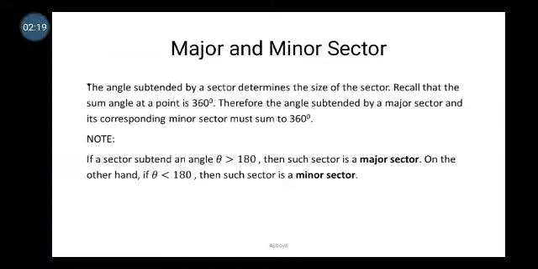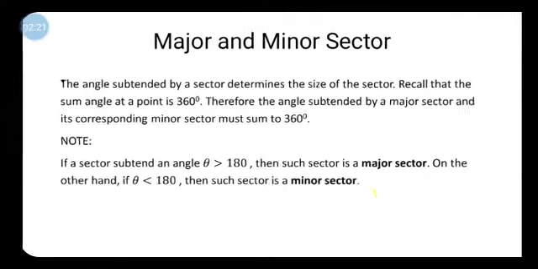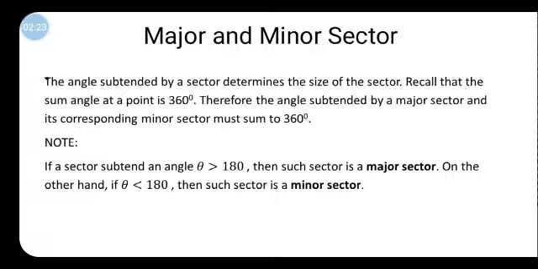Major and minor sector. The angle subtended by a sector determines the size of the sector. Recall that the sum of angles at a point is 360, which you would have learned in your previous classes. Therefore, the angle subtended by a major sector and its corresponding minor sector must sum to 360.